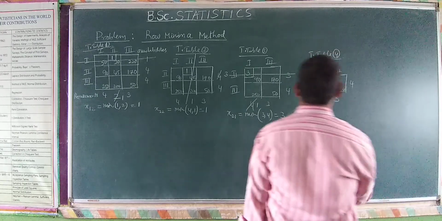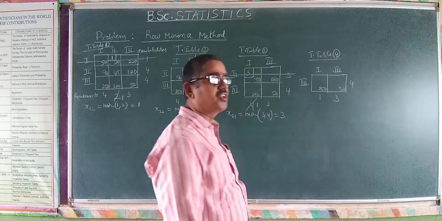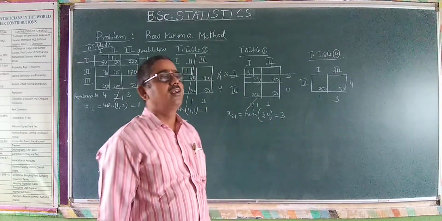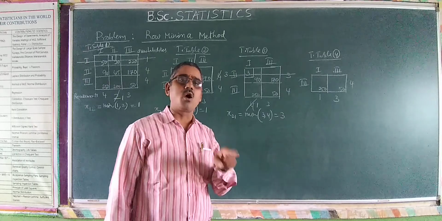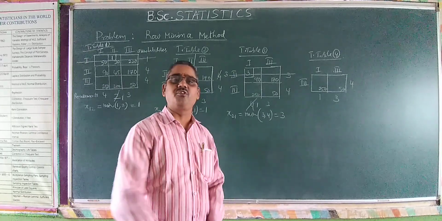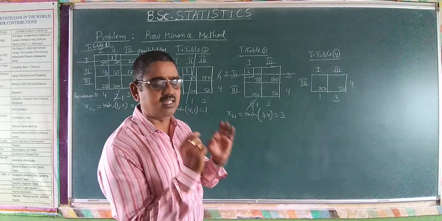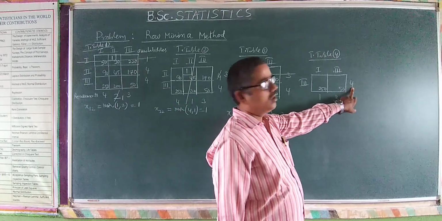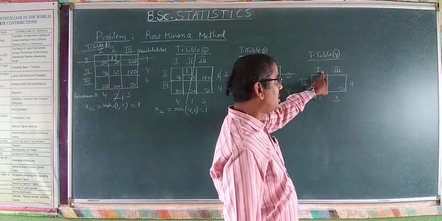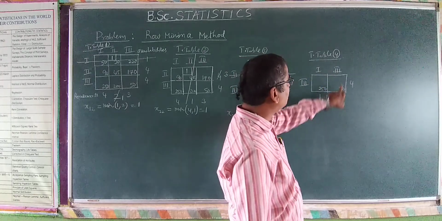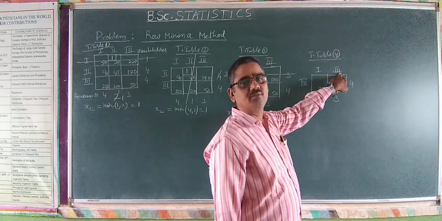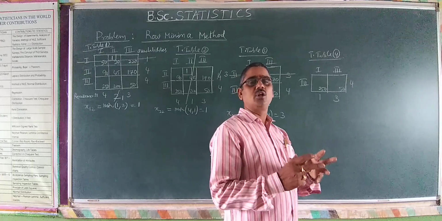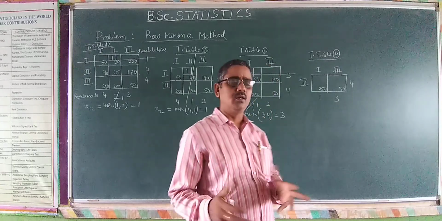As I explained in the last procedure, the northwest corner rule, if you have a single row or a single column, there is no need to apply the procedure. There is a simple logic: 4 units are available here, 1 unit is to be transferred to the first destination, and 3 units to the other destination.